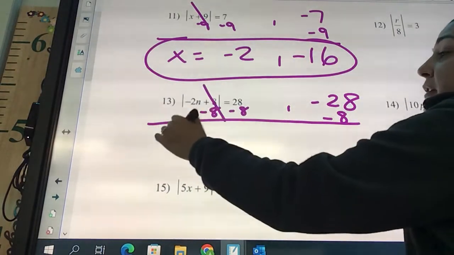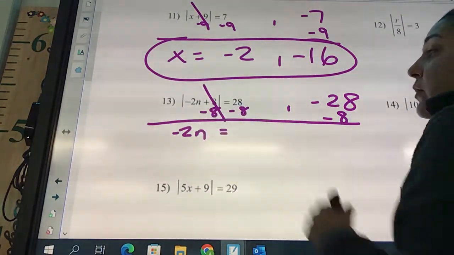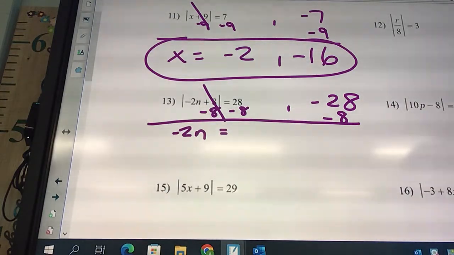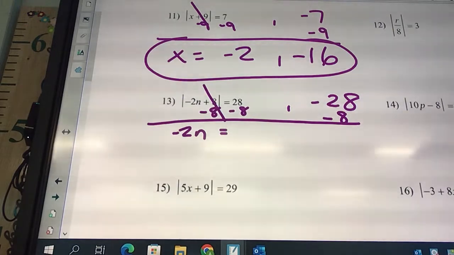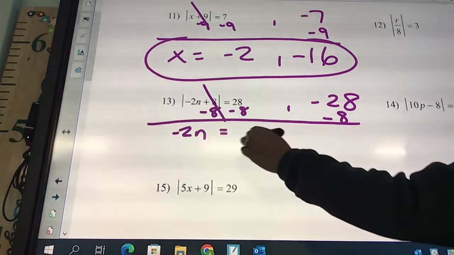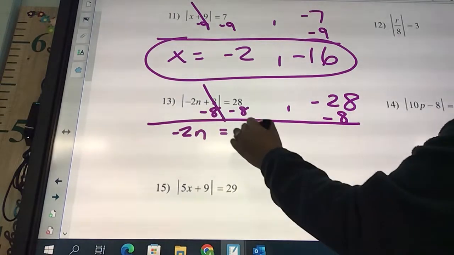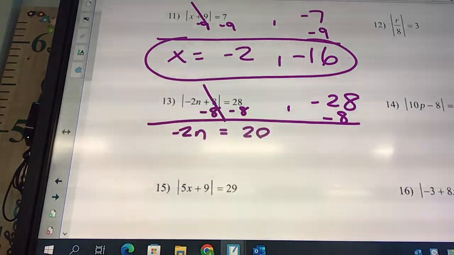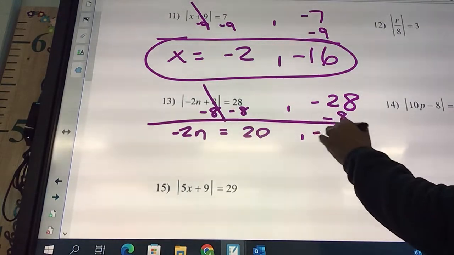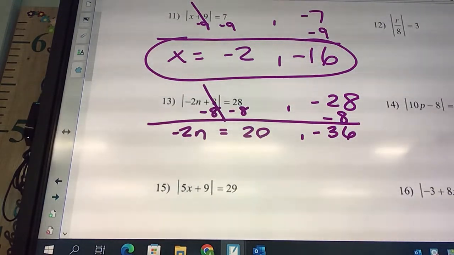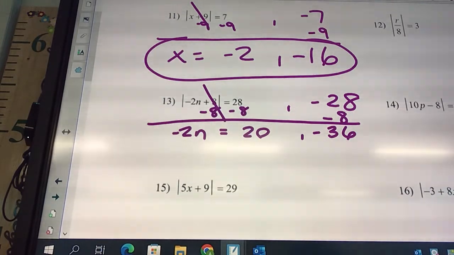So on this side I still have negative 2n equals 28 minus 8. What is 28 minus 8? 20. Negative 28 minus 8. Negative 36. Now, I'm trying to get n by itself. We're going to divide. See how the 2 is right next to the n?